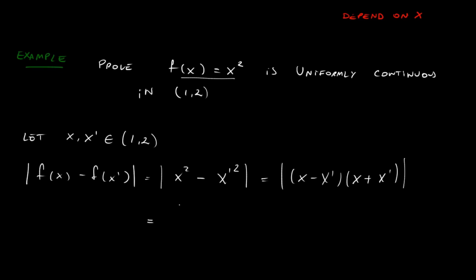And now, because the absolute value of the product is the product of the absolute values, this is the absolute value of x minus x prime times the absolute value of x plus x prime. But now both x and x prime are in this interval, so they are both smaller than 2.